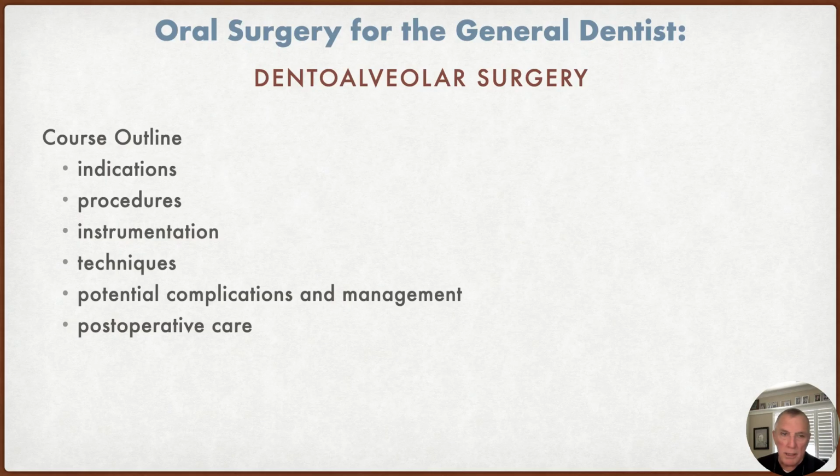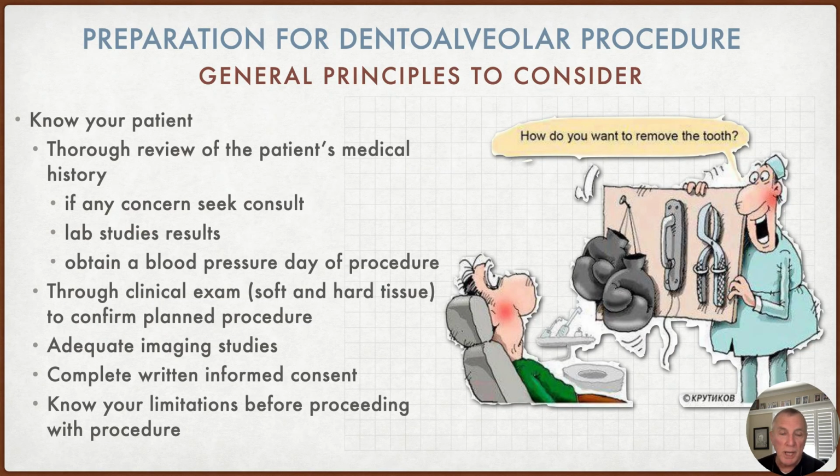The outline includes indications, procedures, instrumentation, techniques, potential complications and management, as well as postoperative care. This is an overview, and the course goes into depth on all of these topics. We start off with a general understanding of the first steps to take in anticipating the performance of a surgical procedure.